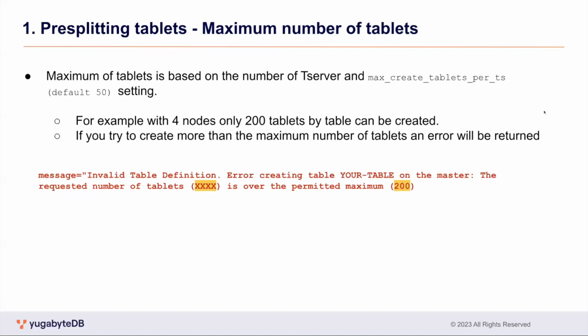The default is 50. So for example, if you have 4 nodes, then you can only create 200 tablets per table, per host. If you try to do more, then you are going to have an issue. So in this case, you need to rethink the way you want to split, or you may want to increase that.